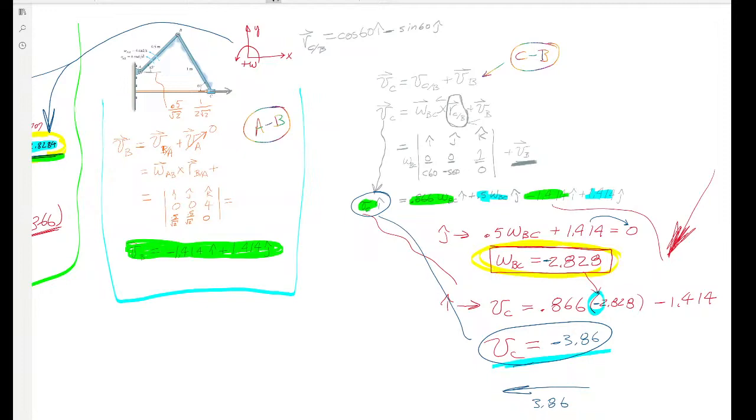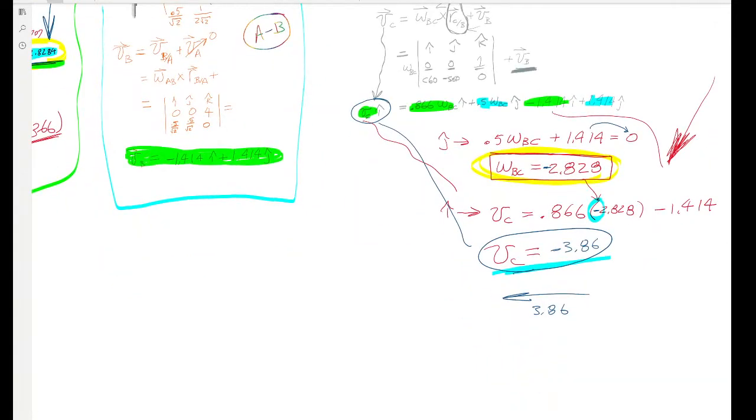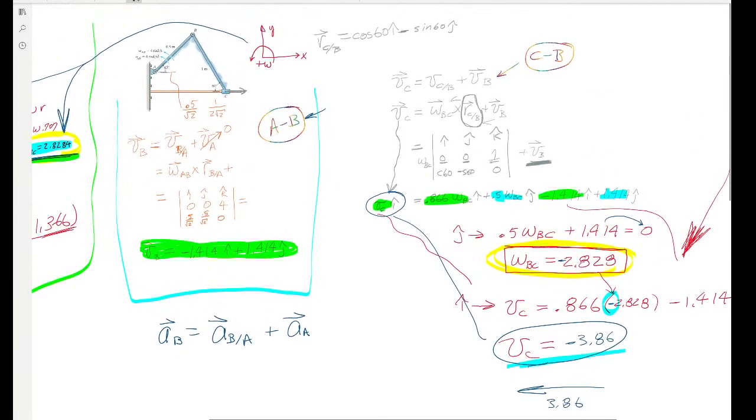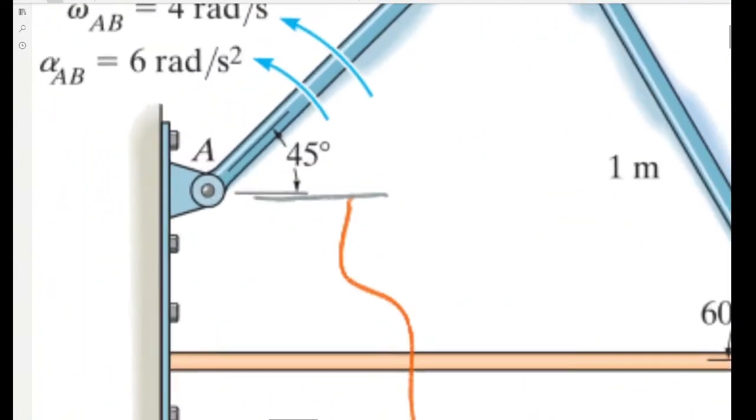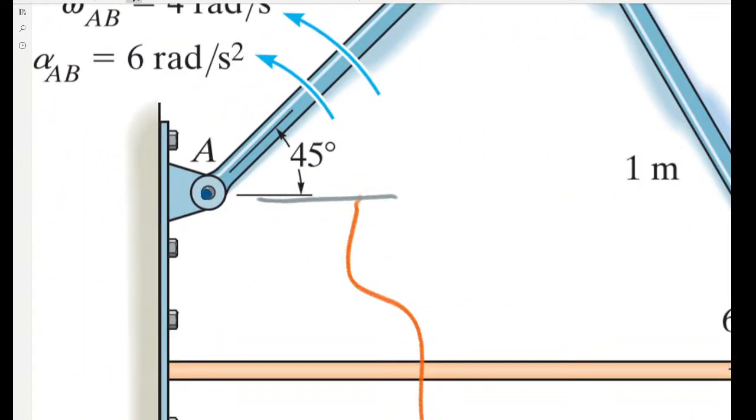Here, let me go to a different color. And the first thing I'm going to do is go after this link. But instead of the velocities, now I have the acceleration of B is equal to the acceleration of B relative to A. This is the acceleration of point B if you were sitting on A, plus the acceleration of A. Go back up and look at this thing real close, and you'll realize that point A sits dead still.